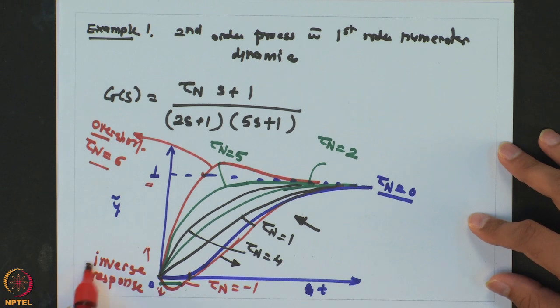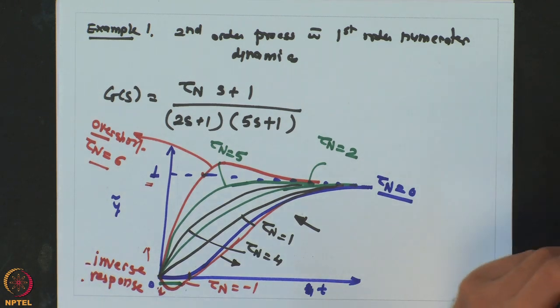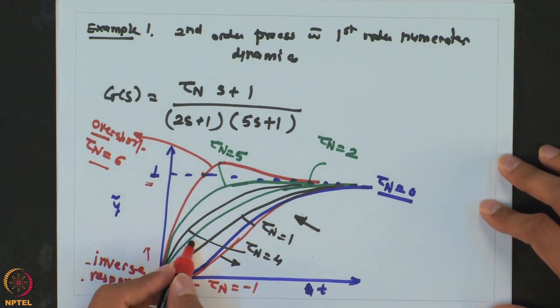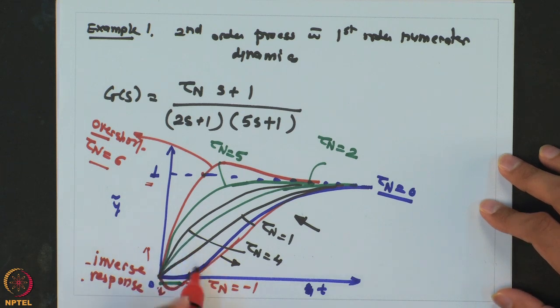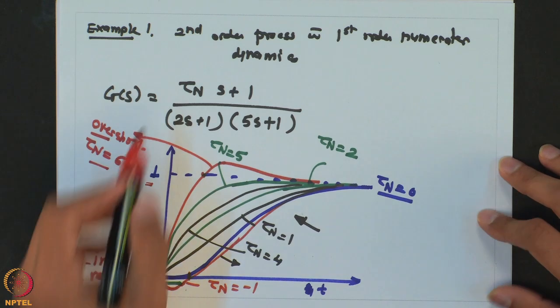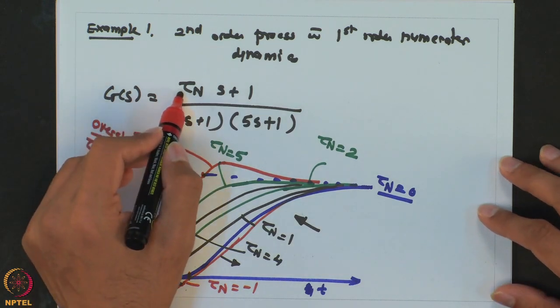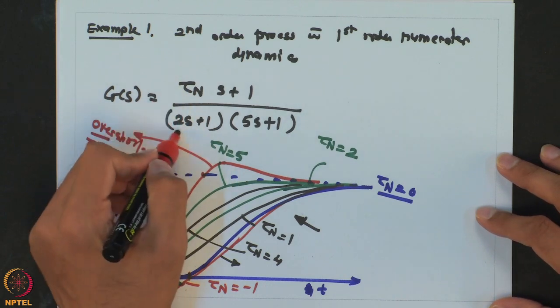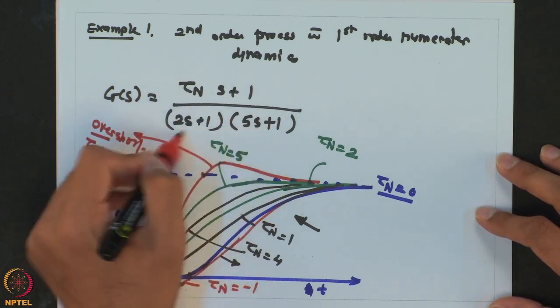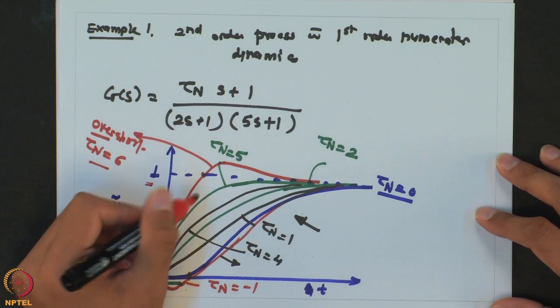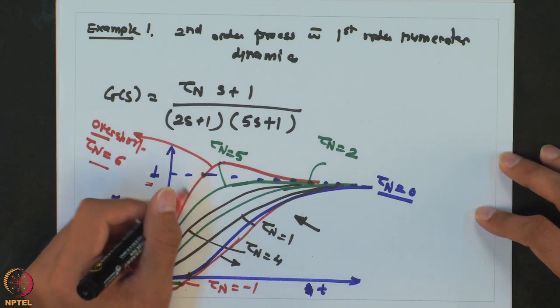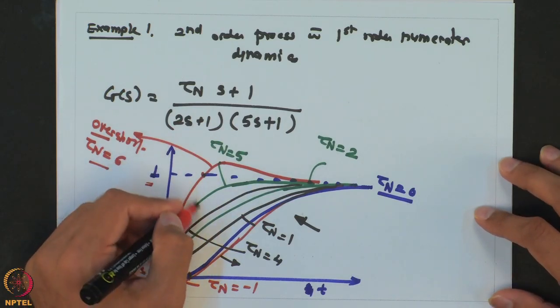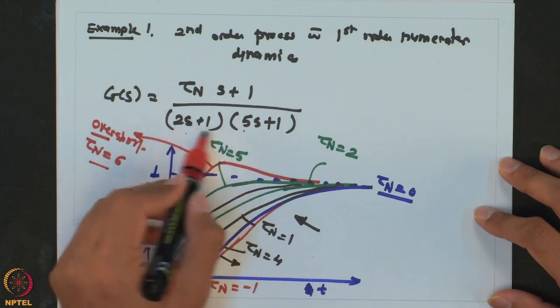So, this kind of inverse response happens due to numerator dynamics when tau n is negative in this case. By just changing the numerator, which is going to change the zero of the system, while the poles of this system remain constant, you can have a wide variety of dynamics simply based on the combination of the contributions of these two poles.